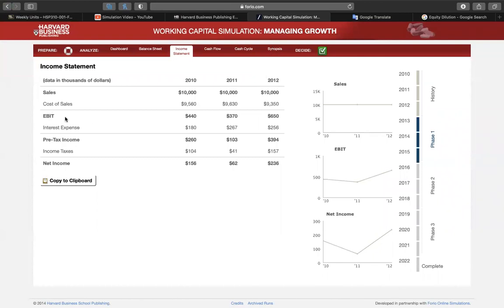So the EBIT here has changed from 2010, 2011, and 2012. Okay, the net income decreased in 2011, but it grew really fast in 2012.